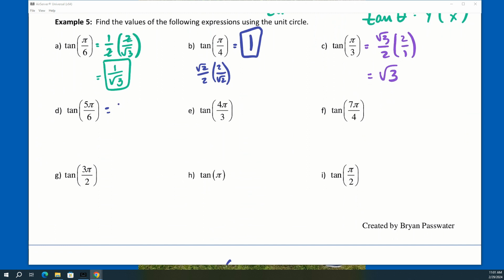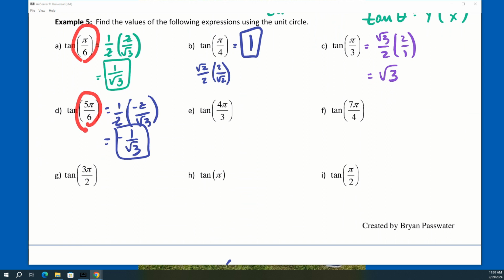We're going to take the y and multiply it by the reciprocal of the x. All right, our 2's cancel out, and a positive times a negative is a negative. So all of these pi over 6 angles, the tangent is either going to be 1 over the square root of 3 or negative 1 over the square root of 3, every one of them.